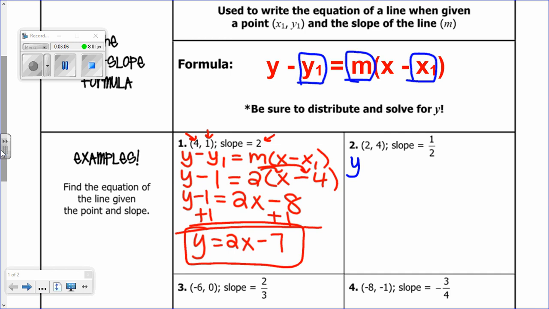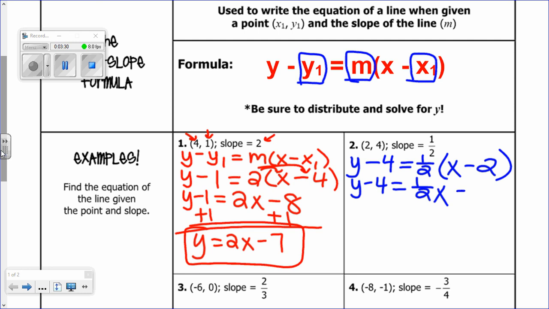So we get y minus, and our y value is 4. So y minus 4 is equal to our slope of 1/2 times x minus 2. Okay? And so now we just need to solve for y. So we're going to distribute first. So y minus 4 is equal to 1/2 x minus 1.